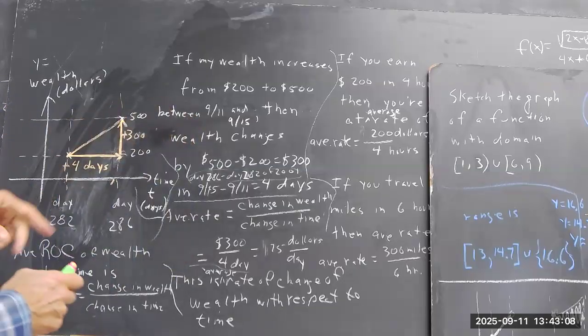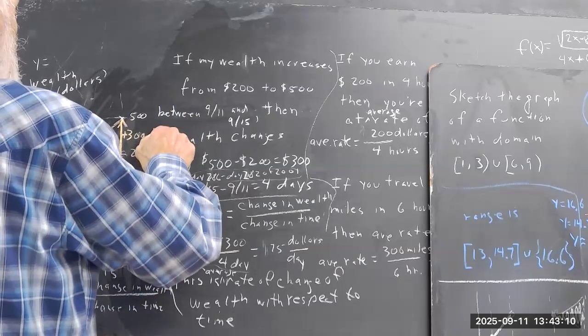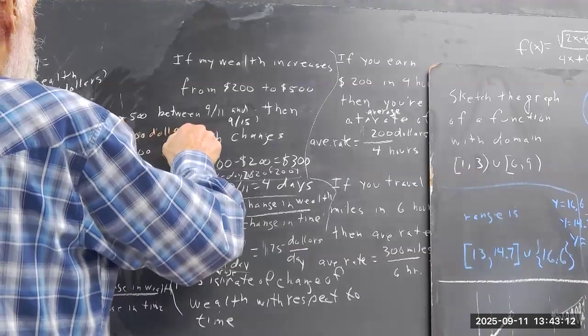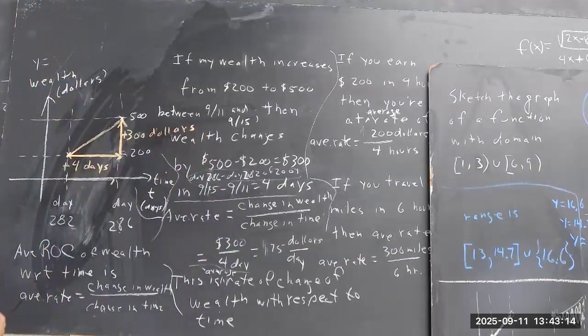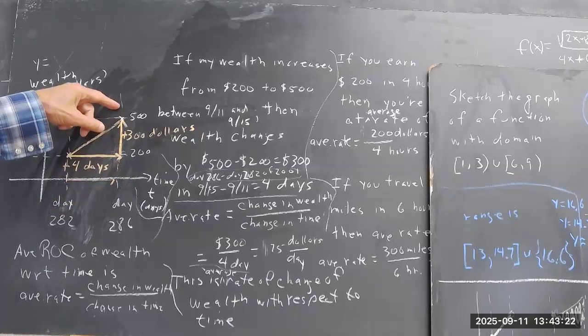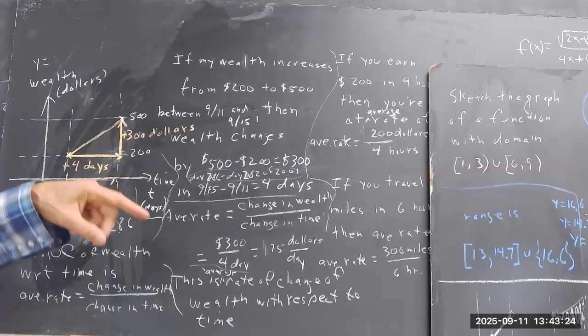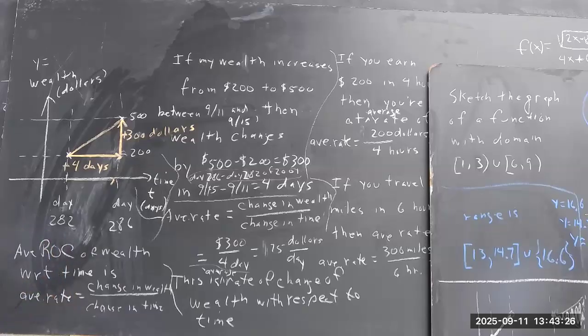I don't know who wrote days up there, but it wasn't me. Actually, it was. It started with D. Once I got the D down there, I was on my way. Okay. The rise is $300 and the run is 4 days. Everybody understand that? So what would the slope be?